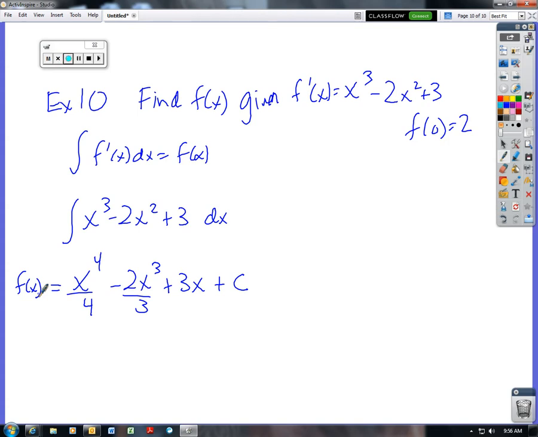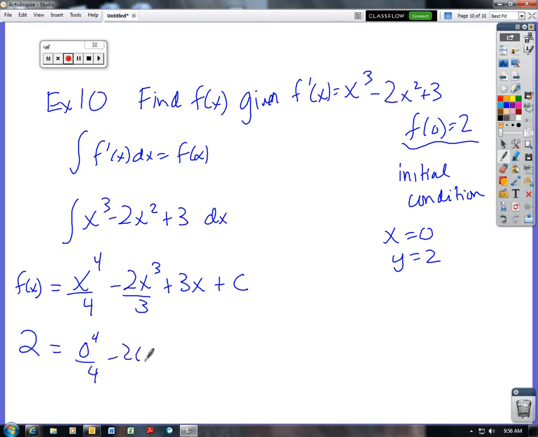Now we're going to find the particular solution because we have this initial condition right here. We have this additional bit of information that when x is 0, y is 2. That's what that's saying. When x is 0, y is 2. So we can plug in 0 for x and 2 for y. So y is the f of x, so 2 equals, and then plugging in 0, of course I realize you're going to probably do this in your head, plus c.